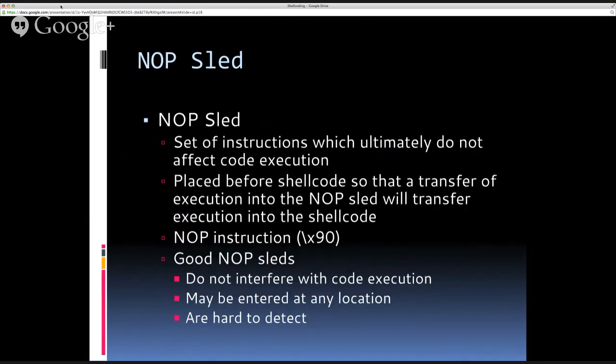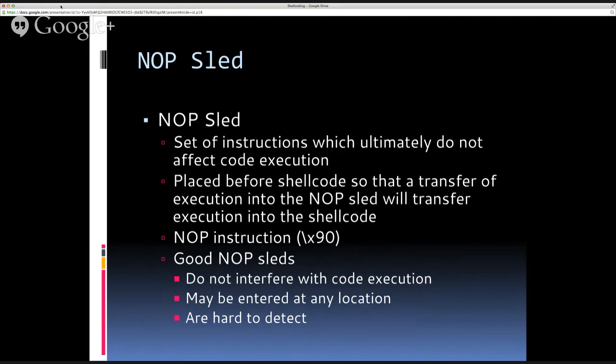Now, as we learned in the previous few lectures, one of the challenges during exploitation is figuring out where your code is. And so typically, shellcode is accompanied by something referred to as a NOP sled. The NOP sled is just a set of instructions that don't have any real impact on the code execution.